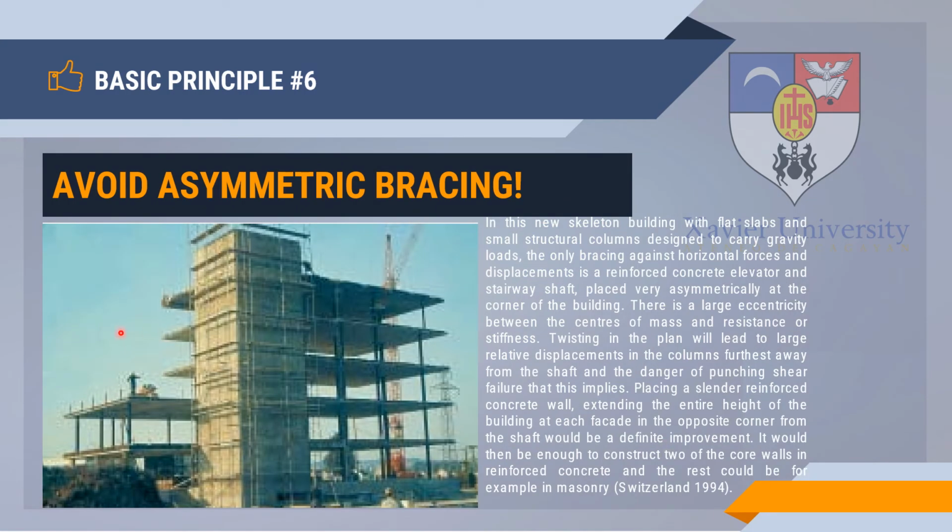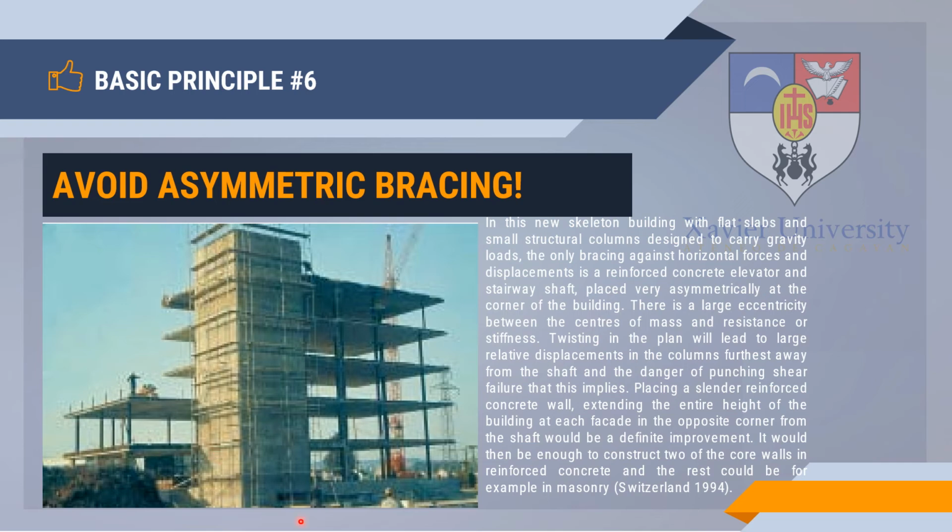So we have here in the illustration, in this new skeleton building with flat slabs and small structural columns designed to carry gravity loads, the only bracing against horizontal displacement is a reinforced concrete elevator and stairway shaft placed very asymmetrically at the corner of the building.